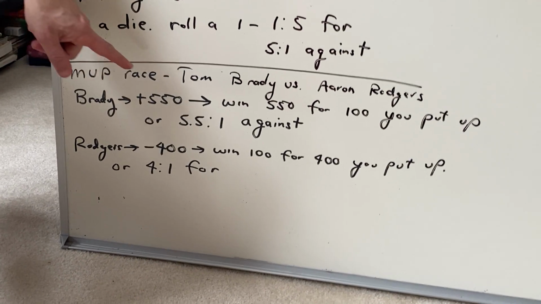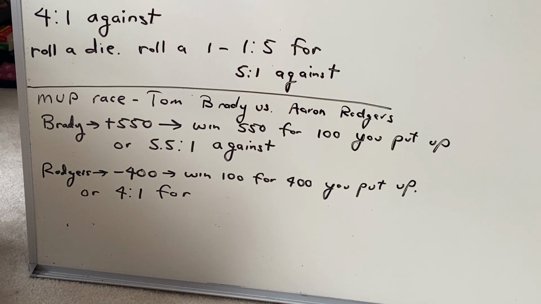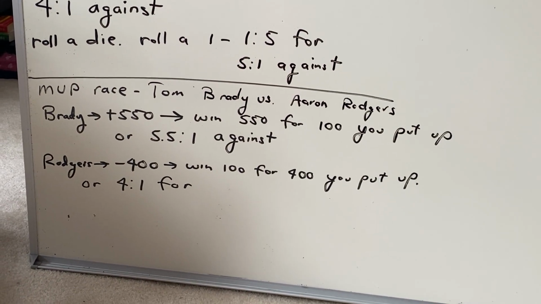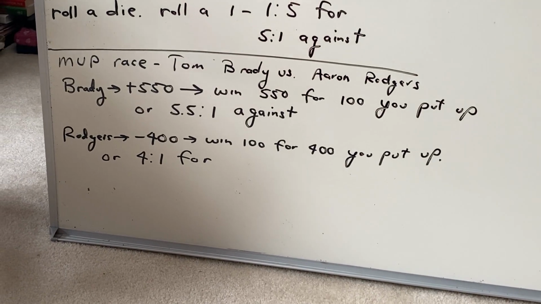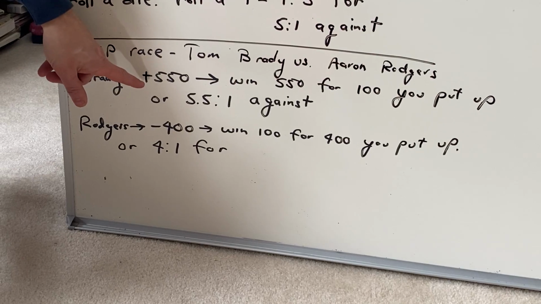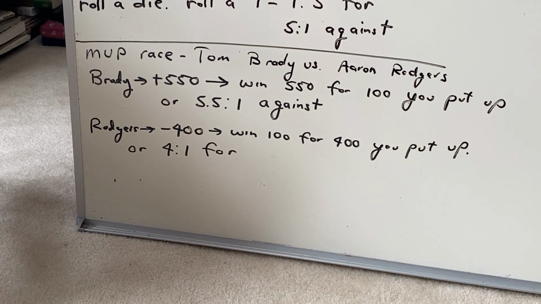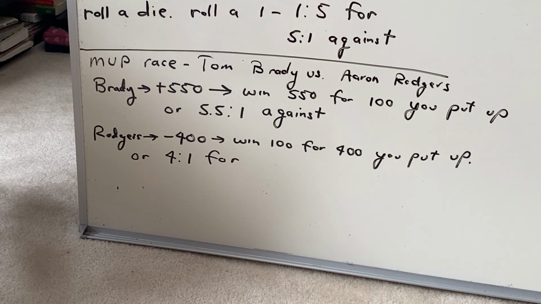Okay, and I think the top 2 competitors, at least for this year, are Tom Brady and Aaron Rodgers. And in fact, the last I looked was maybe a week ago. I don't know if it's changed, but Brady was actually plus 550. Now, this is another way that we can express odds. It's actually kind of in betting terms.